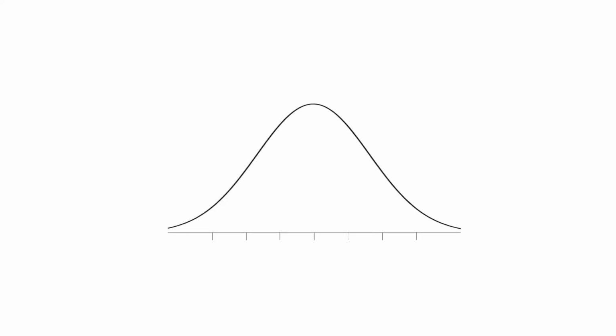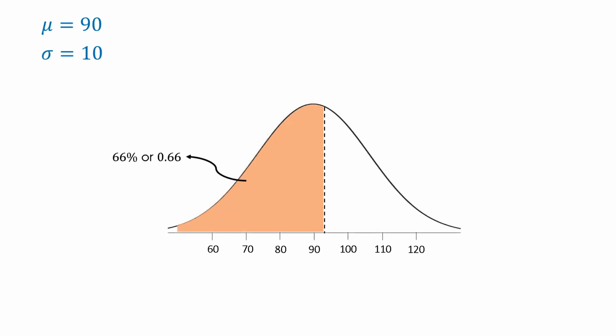If we try to draw this normal distribution, we would have 90 as its center, the mean. And each interval would increase by 10 because it is the standard deviation. But we are concerned with the lower 66% because that is who is going to be tested. So, if we try to estimate that in the normal distribution, 66% is roughly located here.